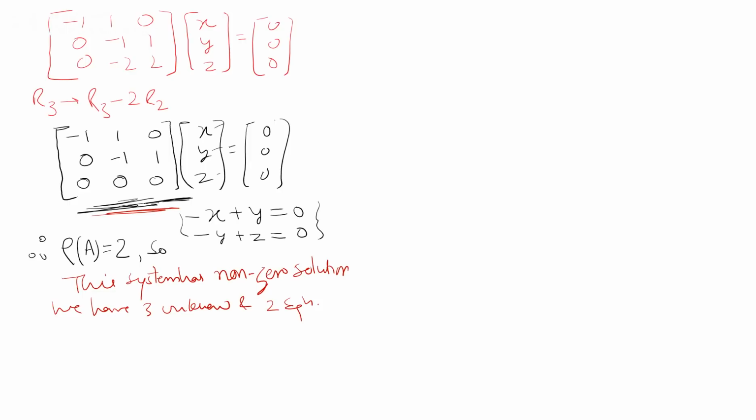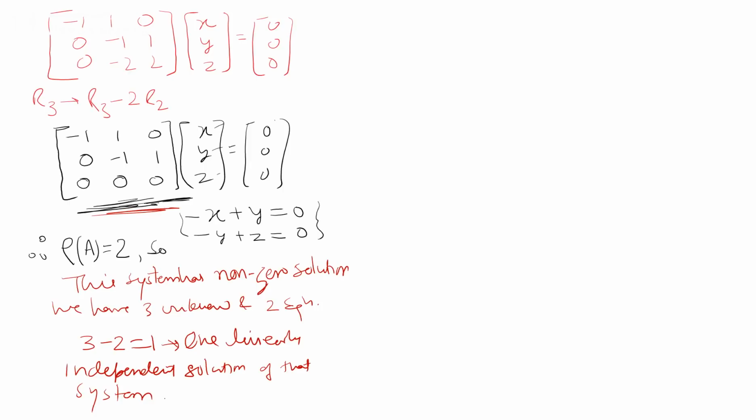So 3 minus 2 is equal to 1, so there is 1 linearly independent solution of that system.